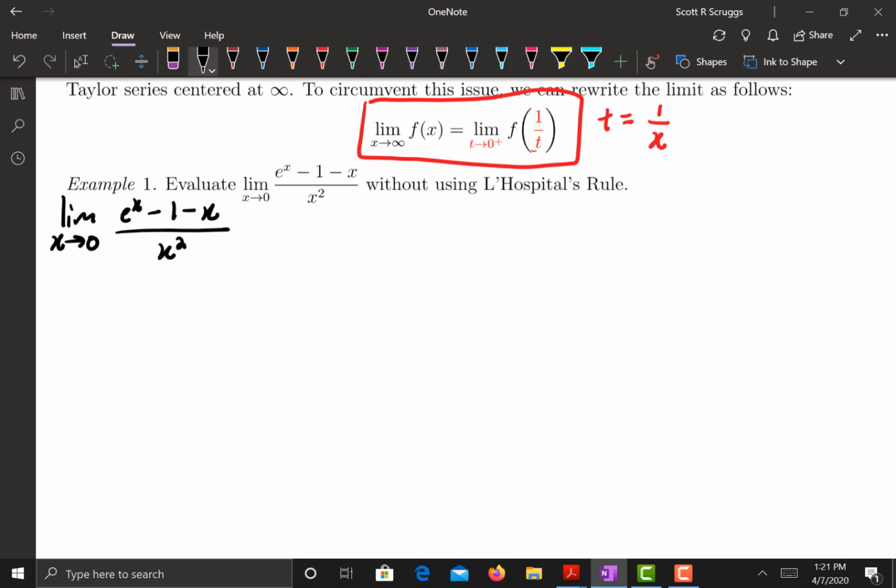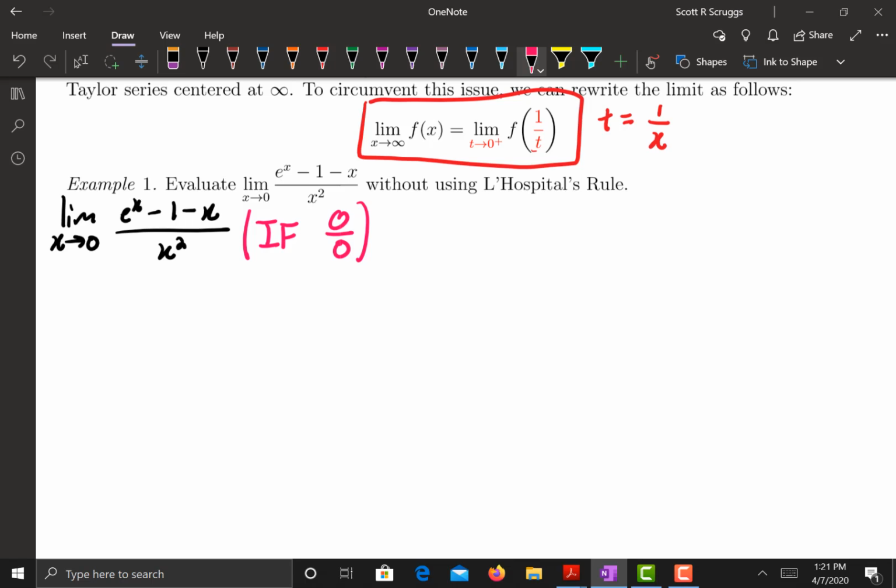Now, if we were talking about tools from 1060, then the way we would have done this in Cal 1 was to note that this is an indeterminate form of type 0 over 0, and then we would evaluate the limit in that respect.